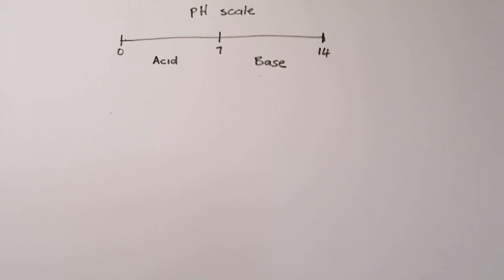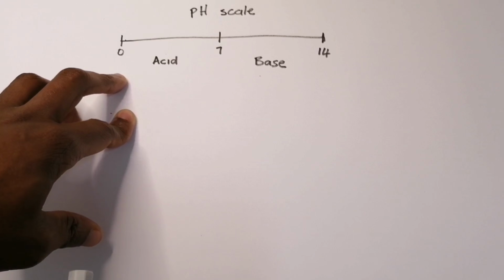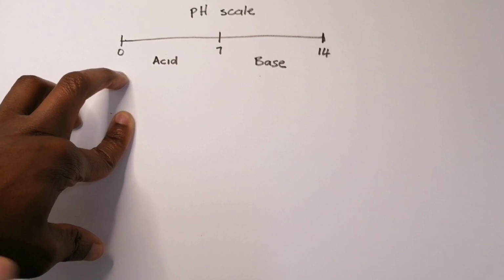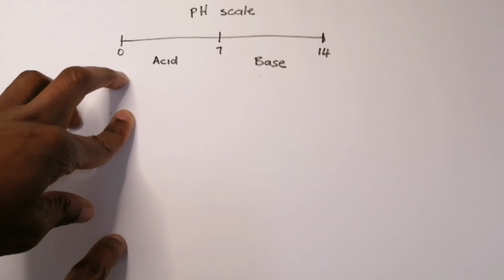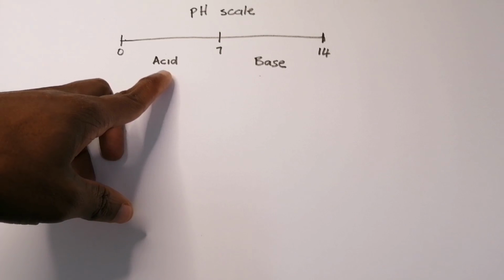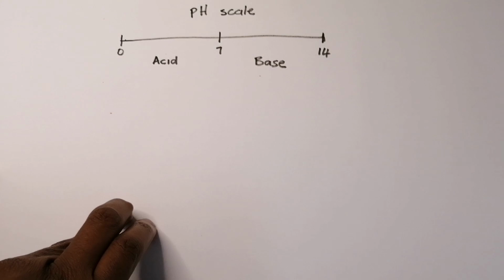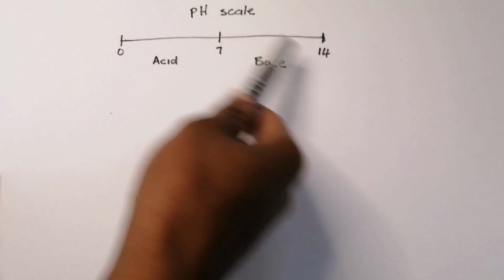So before we get into calculations, let's talk about the pH scale. What exactly is the pH scale? The pH scale essentially is the measure of the acidity or the basicity of a substance. The pH scale goes from 0 to 14, where anything less than 7 is regarded as an acid, and anything with a pH greater than 7, between 7 and 14, would be a base.